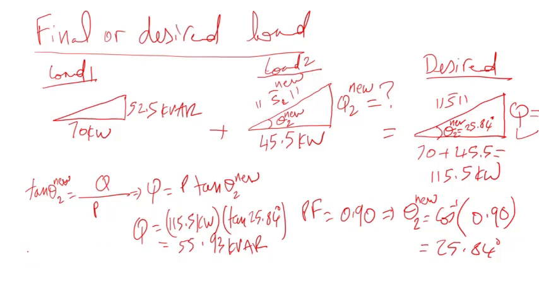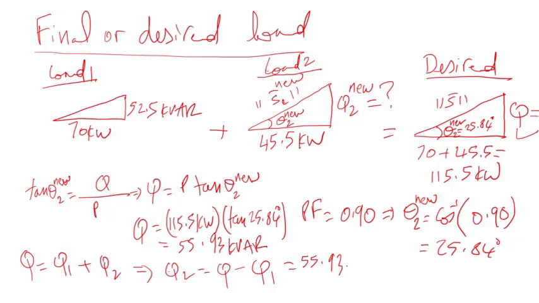And I know Q is equal to Q1 from load 1 plus Q2 from load 2. So what is Q2? Q2 is equal to Q minus Q1. Q is, I calculated, 55.93 kVAR.